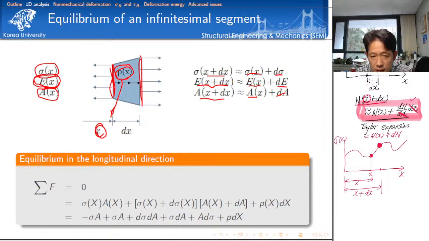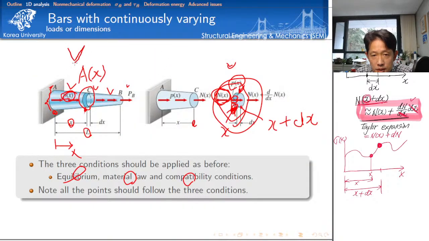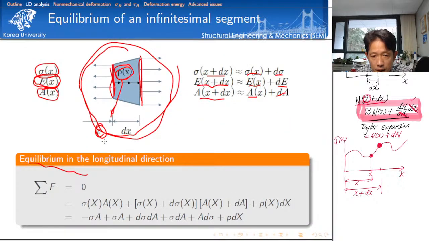So now let's check the force equilibrium for this small segment. This is a kind of free body diagram, because the whole system is in equilibrium and in a stationary condition, which means a part of this structural system also is in equilibrium. So equilibrium says that for a stationary system, the sum of all the force components acting on this free body should be equal to 0.